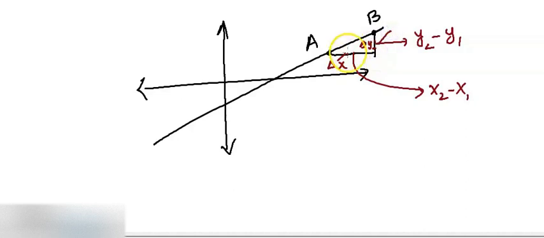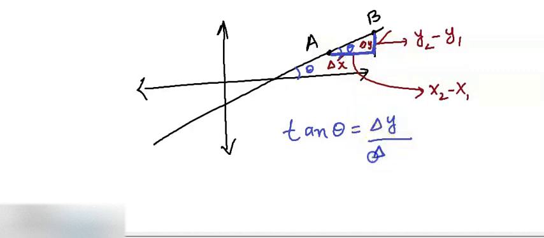The angle that the line is making over here, theta, is the same as this theta over here, and we know that tangent theta is equal to perpendicular over base, and the perpendicular in this case becomes this and base becomes this. If you know trigonometry, then this is perpendicular and this is base. If you don't know trigonometry, don't worry.